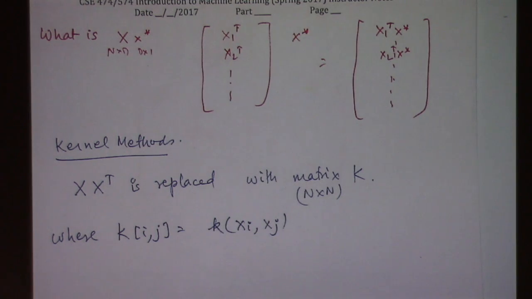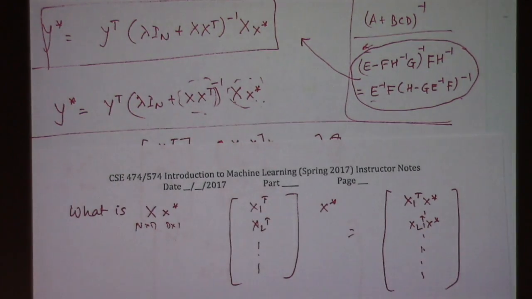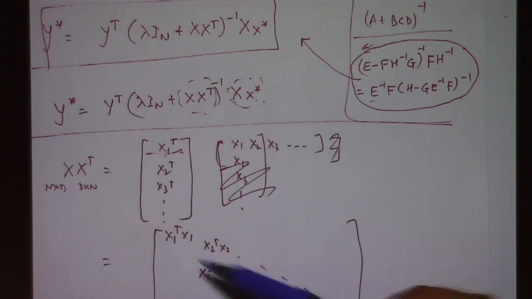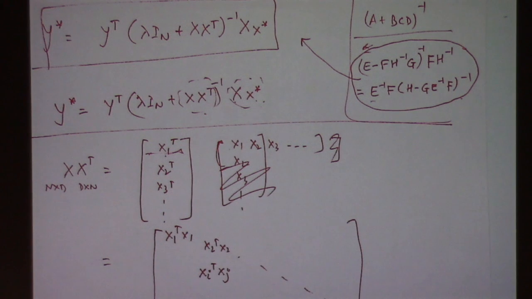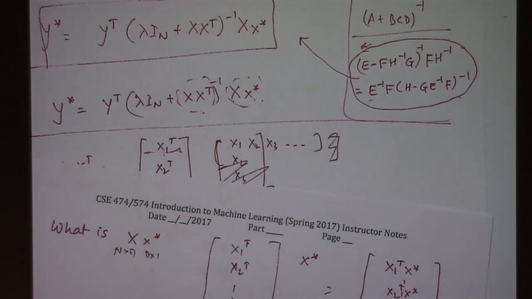So that is the point, because it turns out that to solve linear regression, you do not really need the data points, right? Even in the original form, if I had given you just this matrix, the inner product between every data point, and also this vector, which is again the inner product between every data point, you didn't really need your x's. You just needed a matrix in which you had computed the inner product between every pair of points.